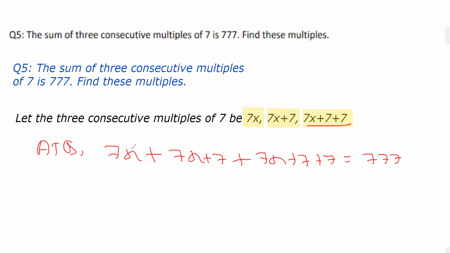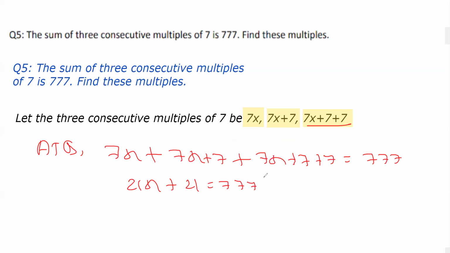Now, you can see these are like terms. So 7x plus 7x plus 7x will give you 21x. Similarly, 7 plus 7 plus 7 is again 21. That is equal to 777.